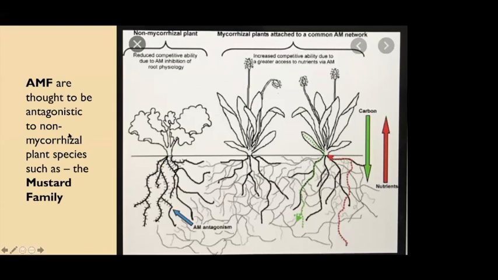And sure enough, I was looking around for things to put on the presentation tonight, and here was a non-mycorrhizal plant. Well, all the mustard family is not mycorrhizal, none of them. So don't add mycorrhizae if you want to grow radishes in your garden. It won't help them. So apparently, here we have the net in the light gray.